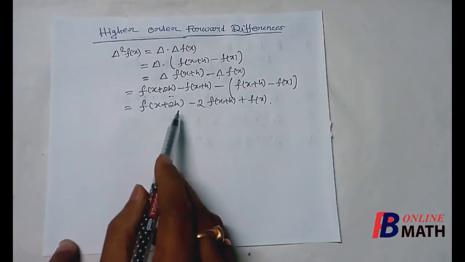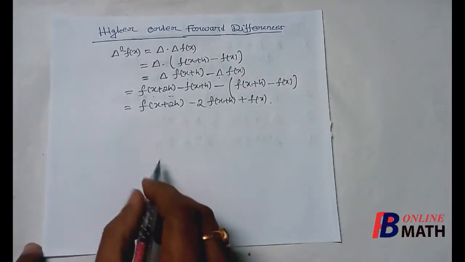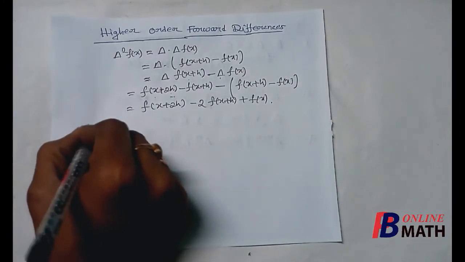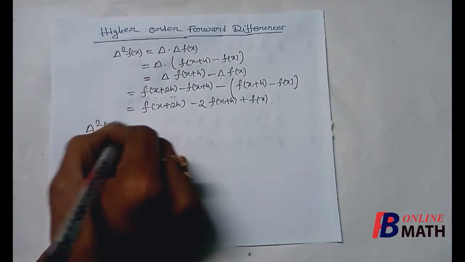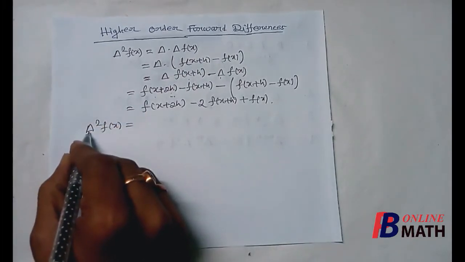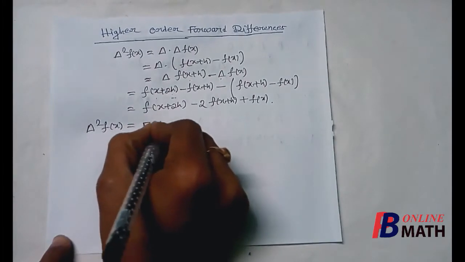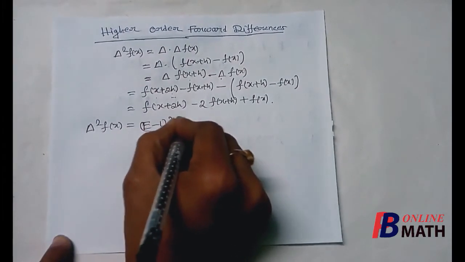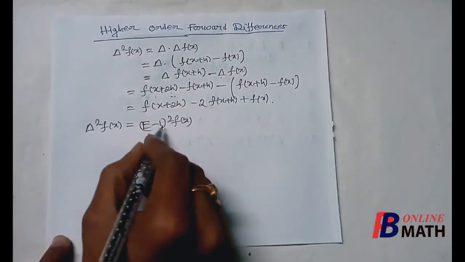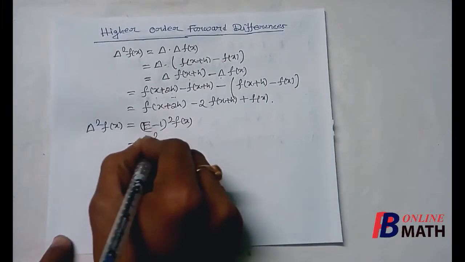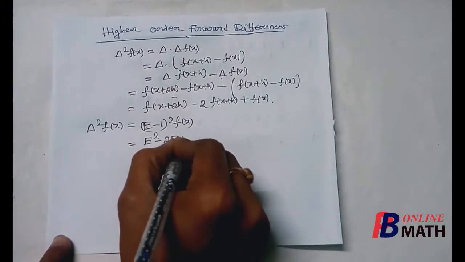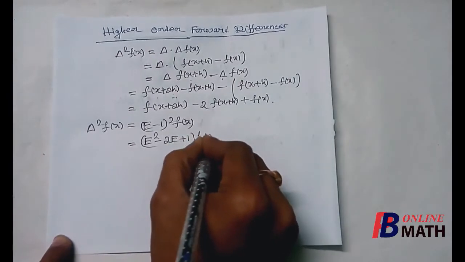Now this can be found alternatively by using the shift operator. Now if we apply delta square on f(x), then we know that delta is equivalent to E minus 1. We have already proved that delta is equivalent to E minus 1. So this is E square minus 2E plus 1 of f(x).